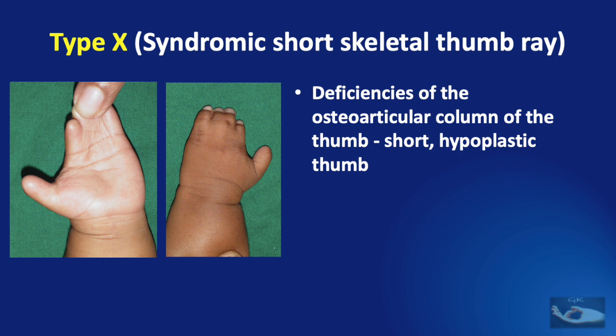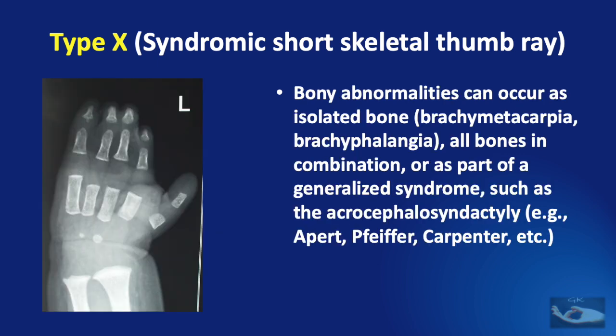This refers to deficiencies of the osteoarticular column of the thumb, where we have typically a short hypoplastic thumb. The bony abnormalities can occur as isolated bone problems or all bones of the hand in combination, or as part of a generalized syndrome such as acrocephalosyndactyly like Apert, Pfeiffer and the Carpenter syndrome.